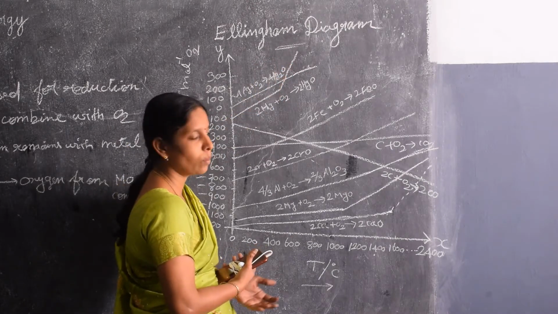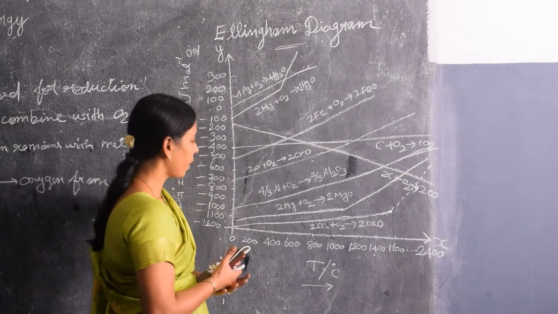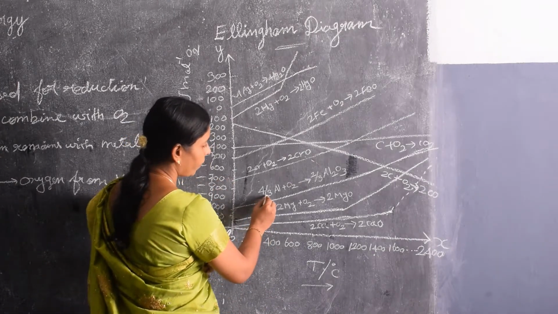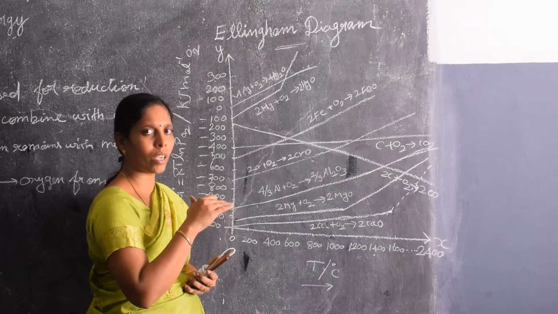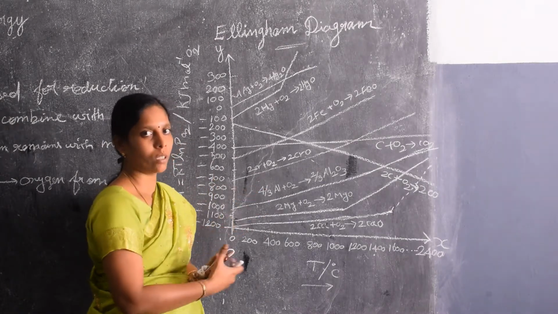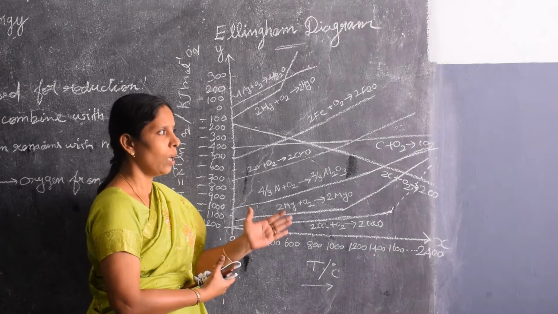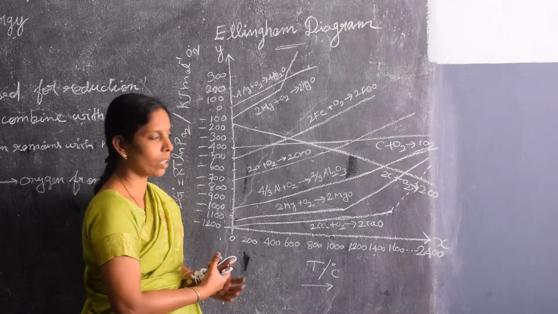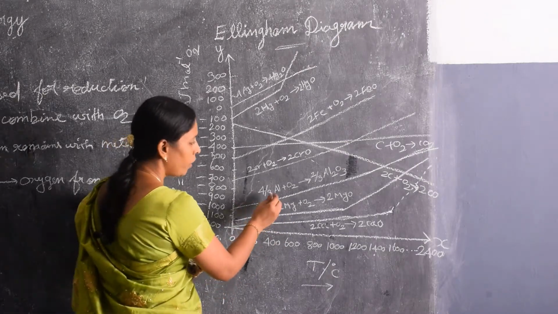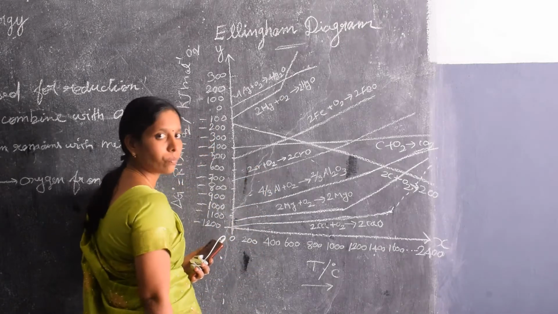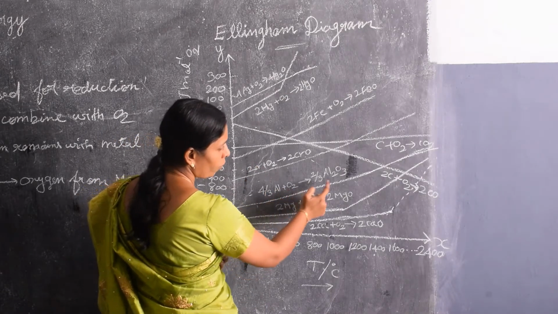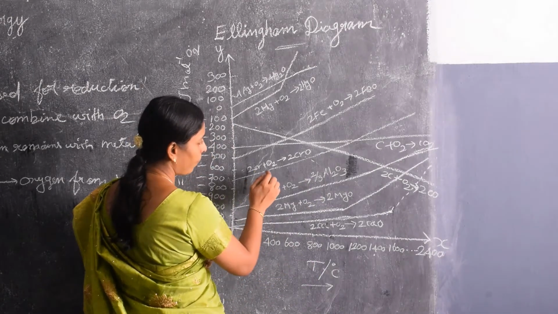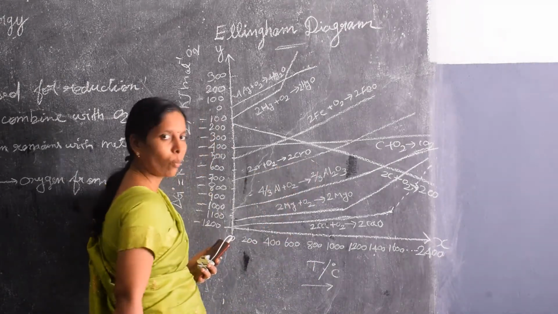Mercury oxide and silver oxide are very unstable metal oxides. And then here aluminum and chromium, so metal can be used as a reducing agent for another metal oxide. So metal oxides metal வெச்சு reduce பண்ண முடியும். Okay, for example, aluminum and chromium: aluminum gets oxidized to form aluminum oxide and chromium gets oxidized to form chromium oxide.